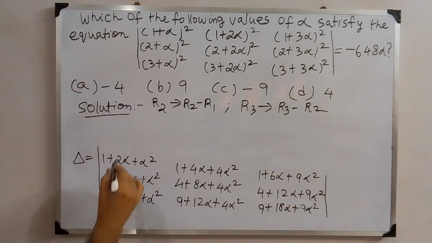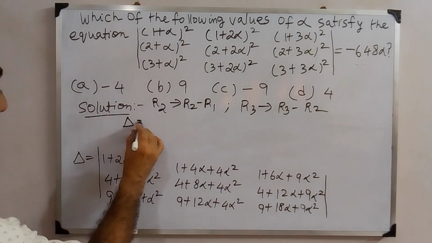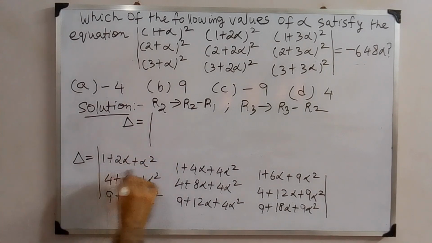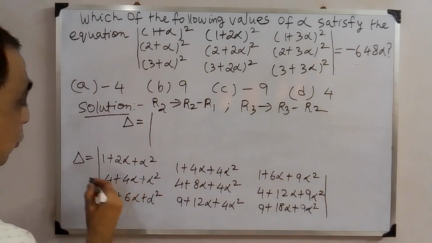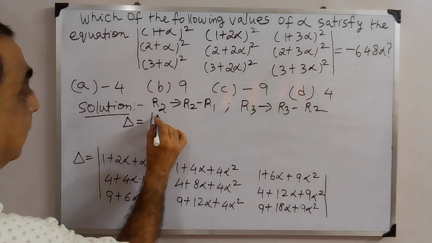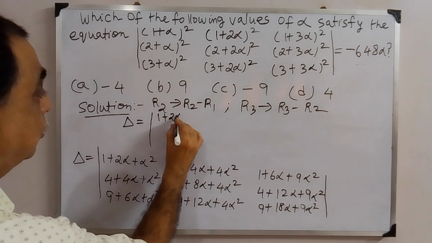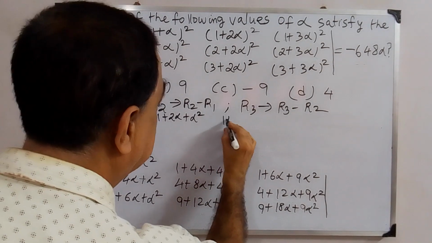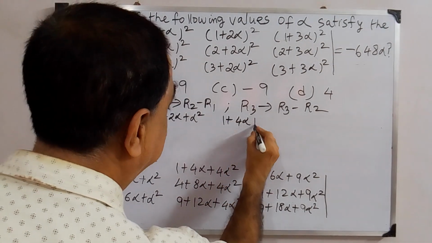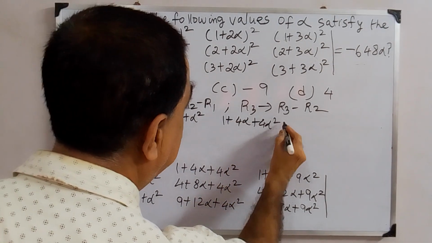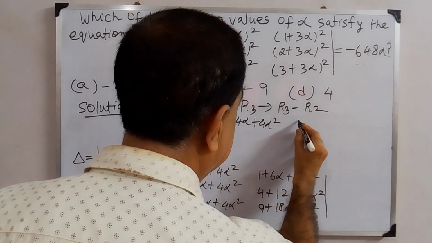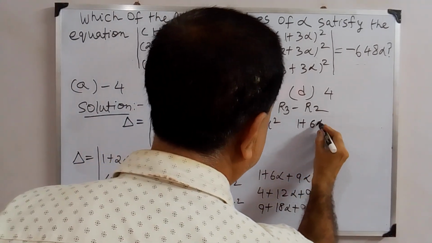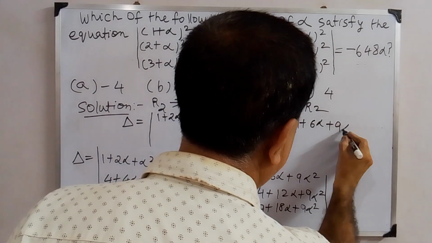So what will we get? Here row 1 I am not changing, so I will copy it just as it is: 1 plus 2 alpha plus alpha squared, 1 plus 4 alpha plus 4 alpha squared, and 1 plus 6 alpha plus 9 alpha squared.